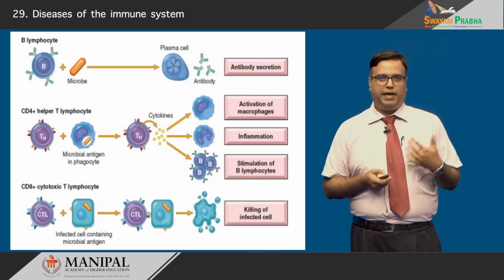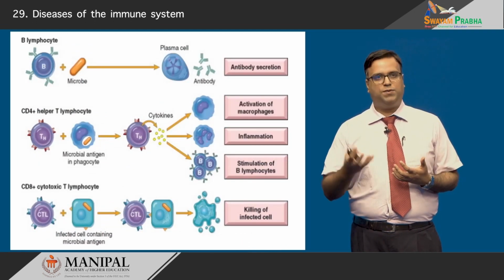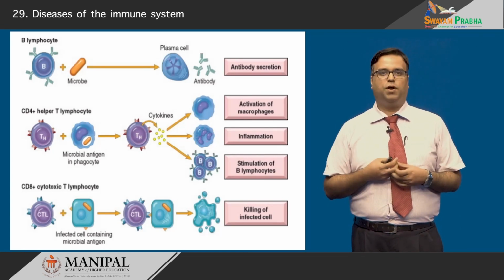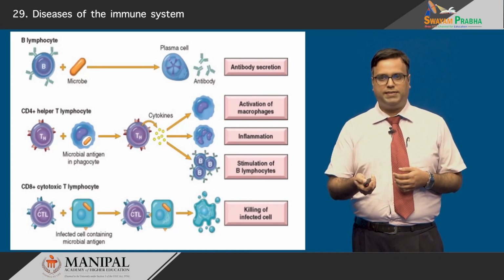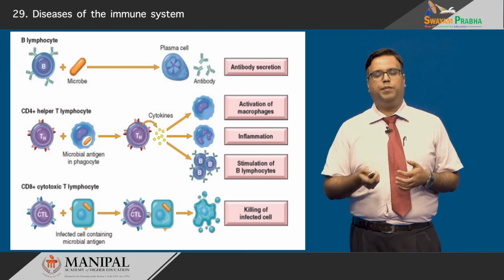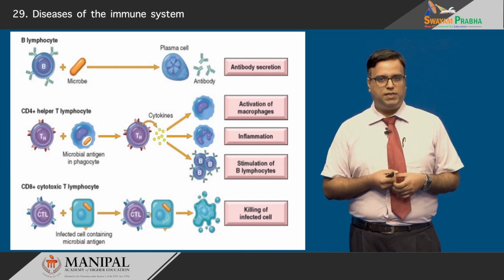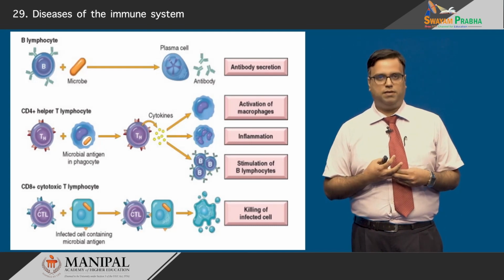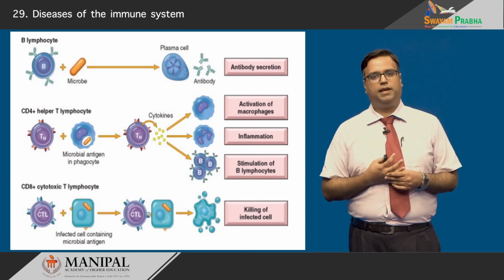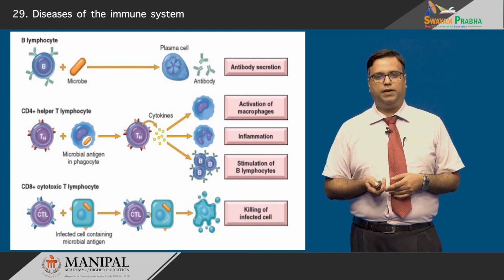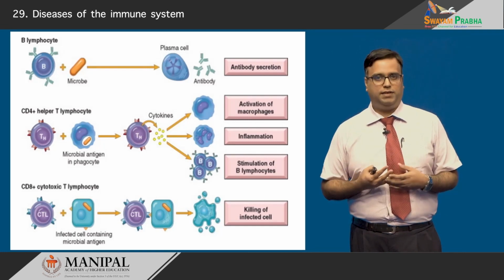B lymphocytes react to microbes and get transformed to plasma cells, which produce a lot of antibodies, called antibody secretions, and they retain a memory of the same. CD4 cells or helper T lymphocytes will recognize the microbial antigen in conjunction with MHC class II and release cytokines after they transform into effector T cells.